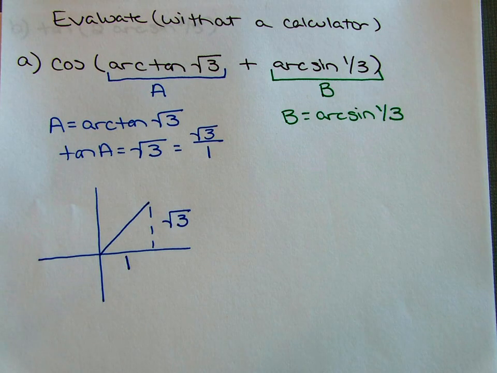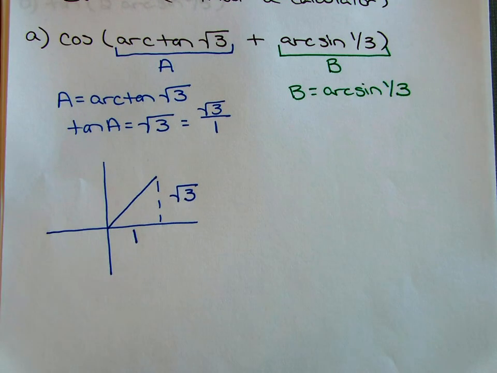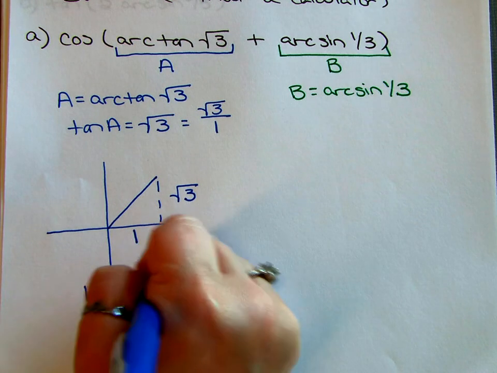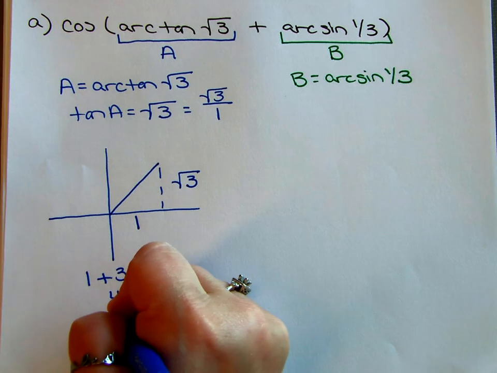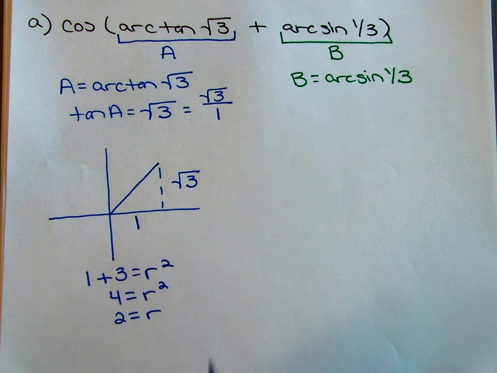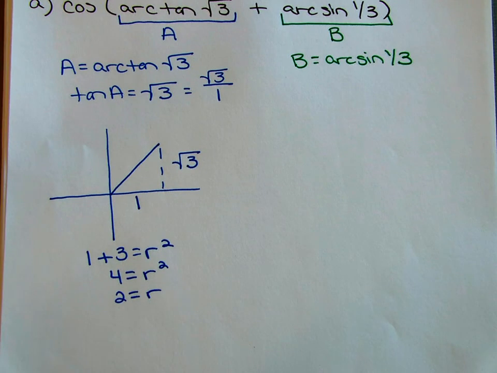And we are going to figure out what our r is by taking 1 squared, which is 1, plus radical 3 squared, which is 3, equals r squared. So 4 equals r squared, so 2 equals r. And then we're going to leave that alone for a minute, and we're going to go play around with our arcsine of 1/3 and do the exact same process.